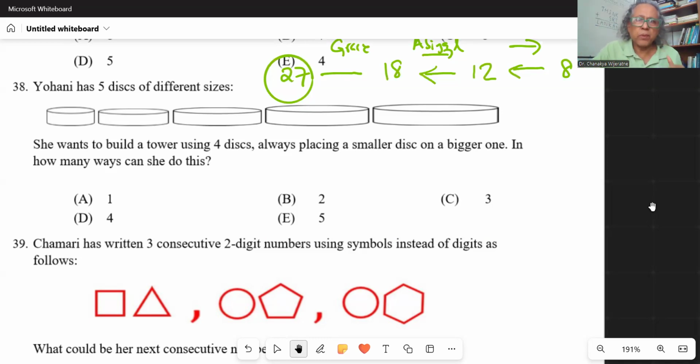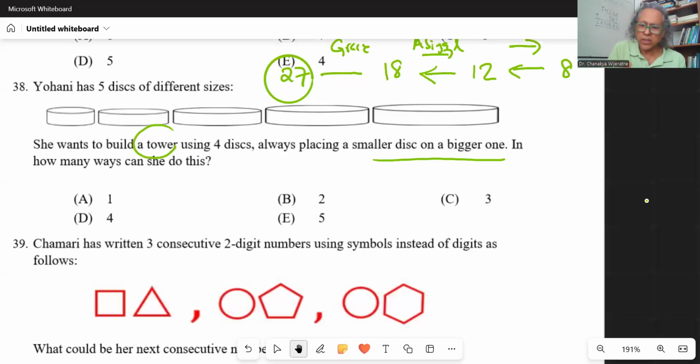So if you can only place a smaller disk on a bigger one always, then when you have 4 disks with different sizes, there's only one way you can actually build this tower, right?